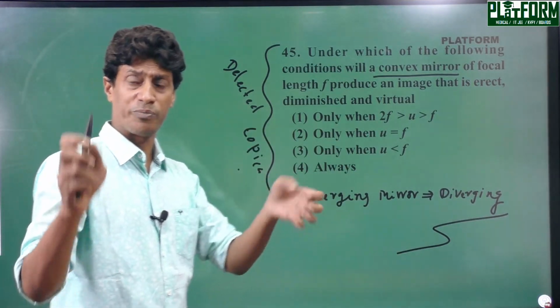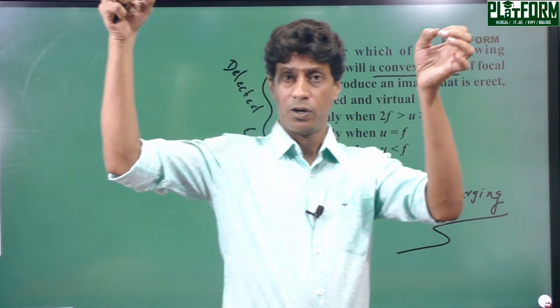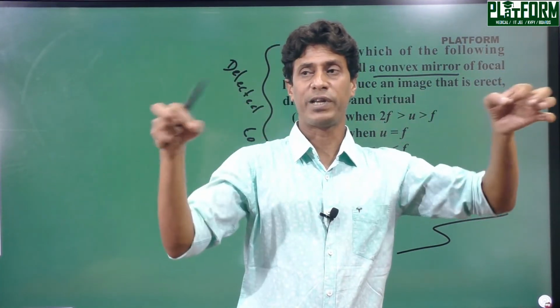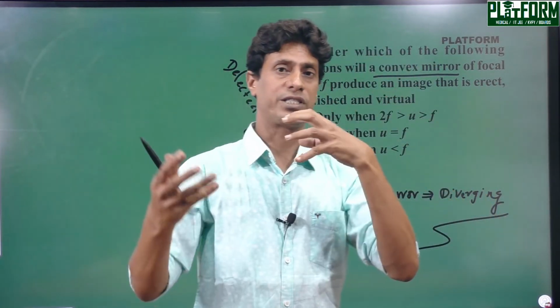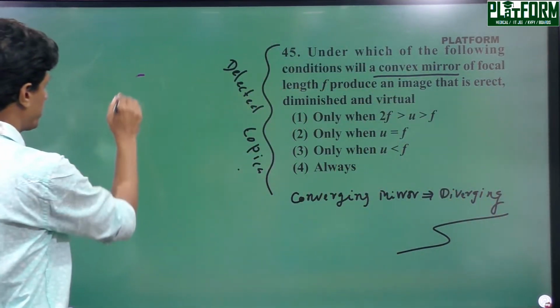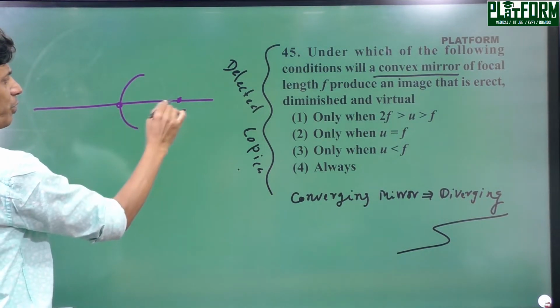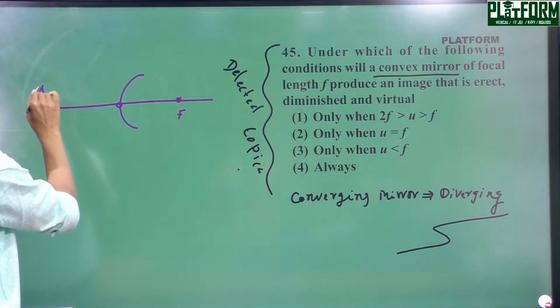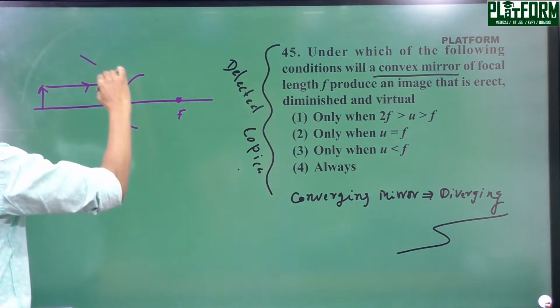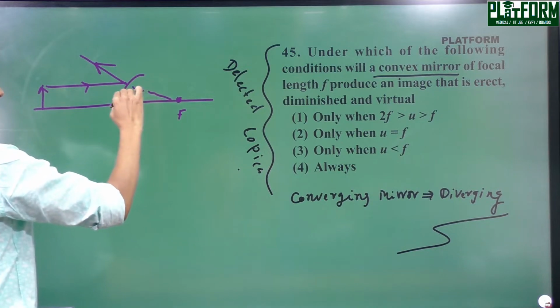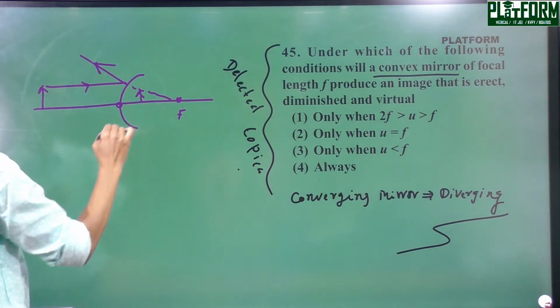Anywhere you can place the object, from the midpoint of the mirror to infinity, the image is always virtual and diminished and formed between the midpoint and the focus.